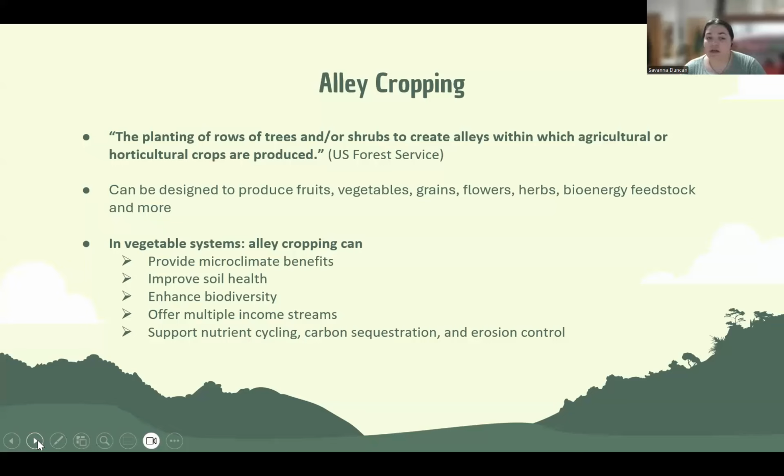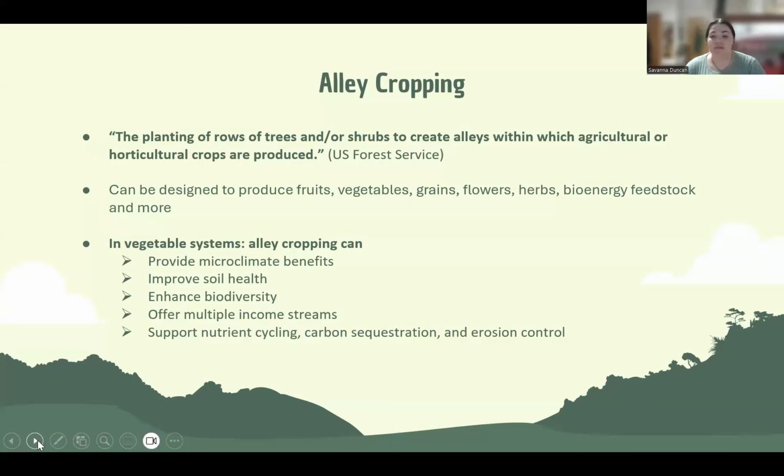And specifically in vegetable systems, alley cropping can benefit vegetables by providing microclimate benefits like shade, wind protection, and moisture retention. They can improve soil health through leaf litter provided by the trees, root stabilization, and nitrogen fixation, especially if you're working with legumes.